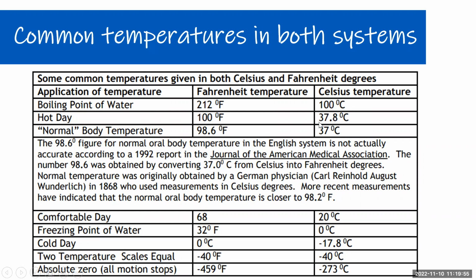That's 37.8 degrees Celsius. And if we talk about a normal body temperature, we'd say is about 98.6 degrees Fahrenheit, which is 37 degrees Celsius. There's some background here about those degrees and why it may not actually be 98.6. But again, that's for your information. I'm not going to test you on that or anything like that.